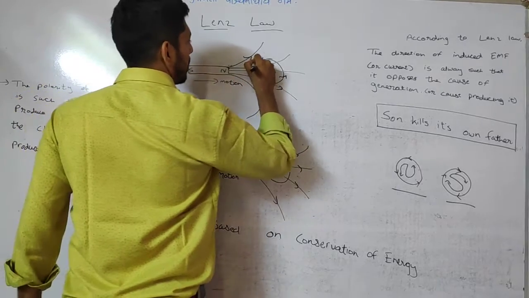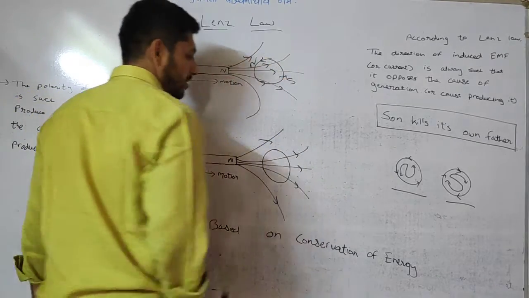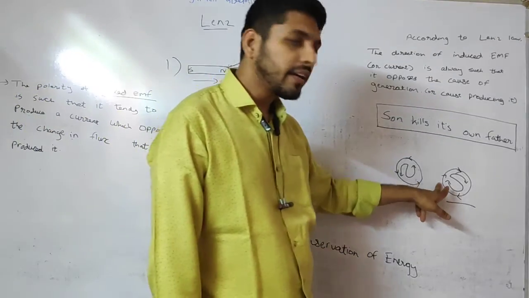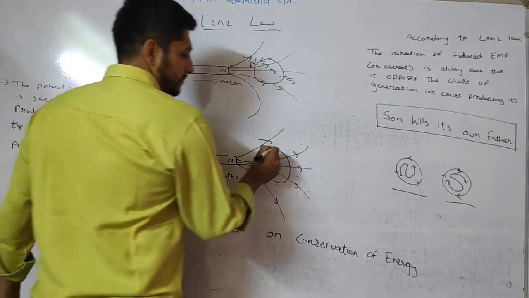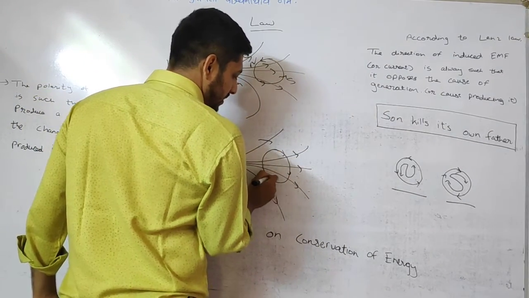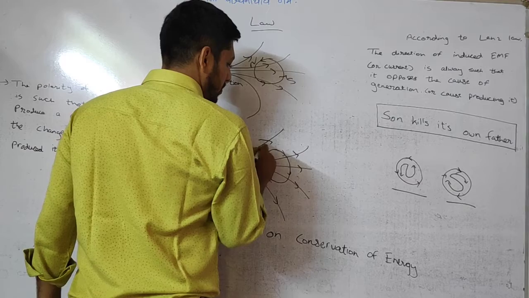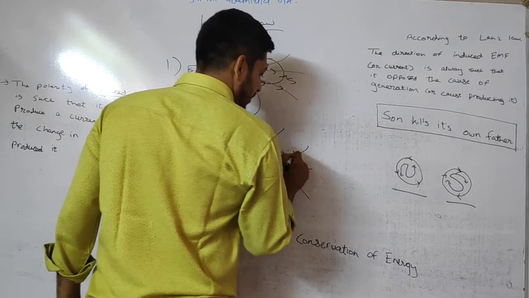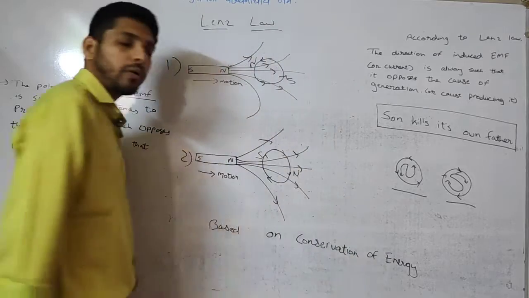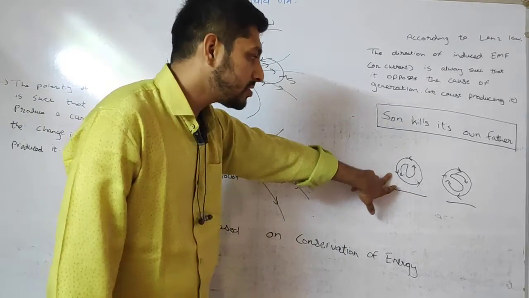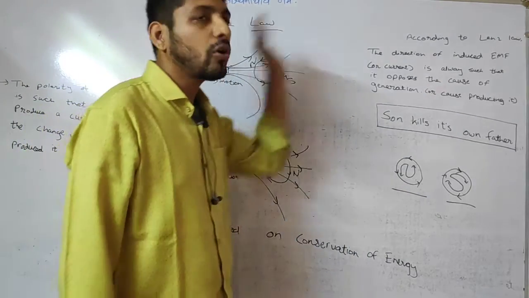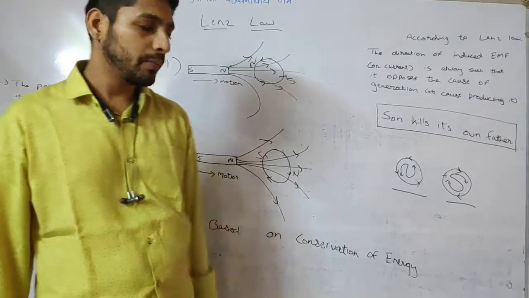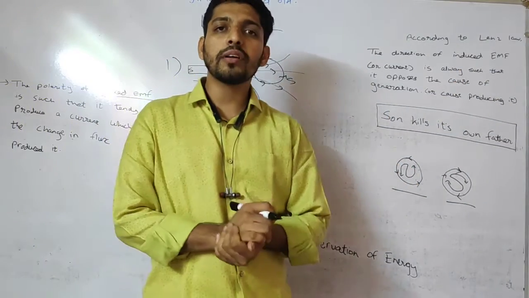So here it will be a north pole and here a south pole. For the second one, we take clockwise direction: here it will be a south pole and here a north pole. This one is the north pole, and on the opposite side it will be a south pole. Okay, so now what happens over here?